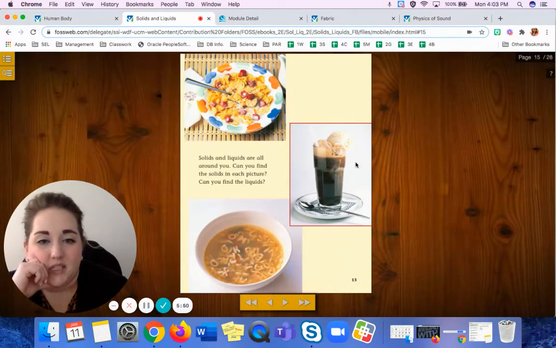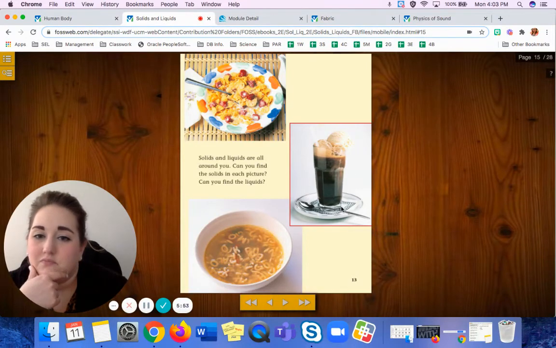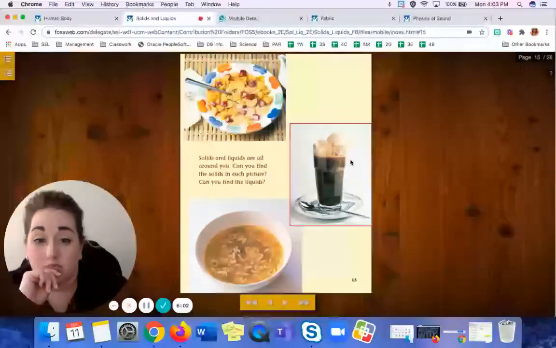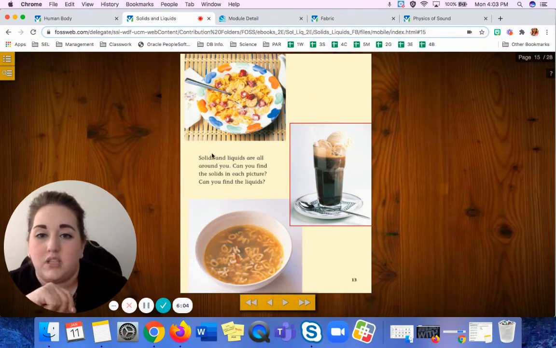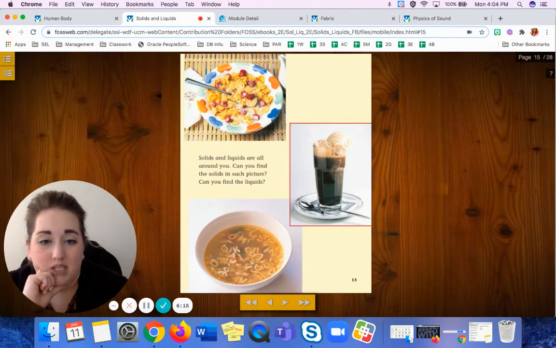How about down here? The solids are going to be, and I'm talking about the food, the solid here is also the mat, the napkin, bowl, spoon, right? Solids: plate, napkin, spoon, glass, straw, ice cream.